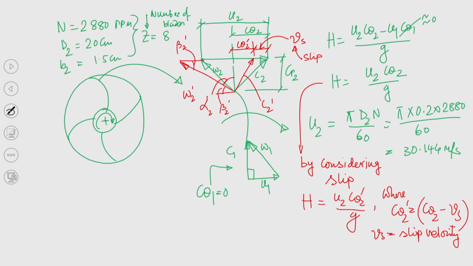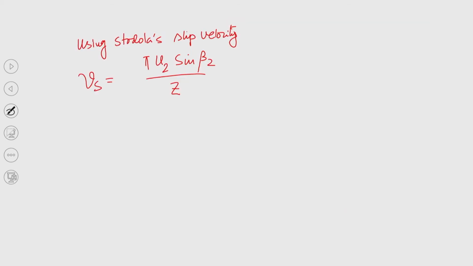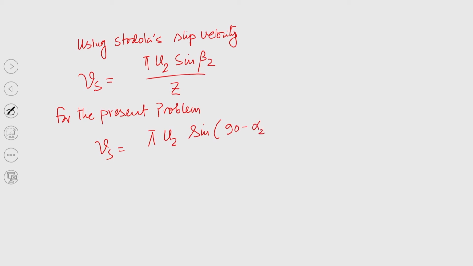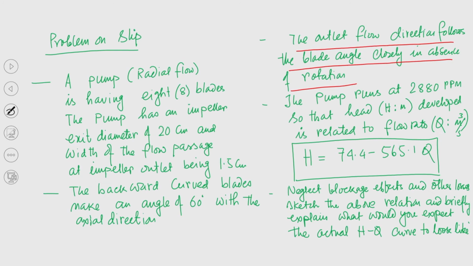So, we can easily calculate for the present problem: Vs will be equal to pi U2 sin(90 minus alpha 2) by z, because nothing is mentioned about beta 2, but it is given that the backward curved blades make an angle of 60 degree with the axial direction, right.